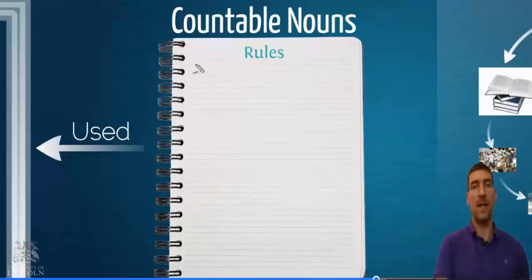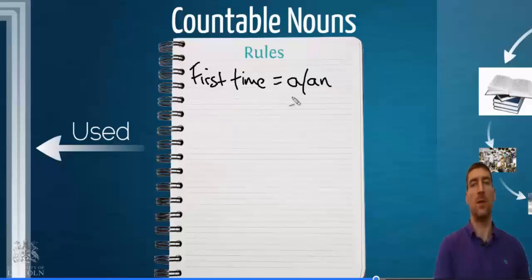One more. Let's clear that. When we introduce a noun for the first time, whether we're speaking or we are writing, first time we use a or an. Pretty much always. There's a few exceptions, but first time we talk about something, we use a or an, and after that, second and third time, whenever you refer back to that noun, we must use the definite article, the.